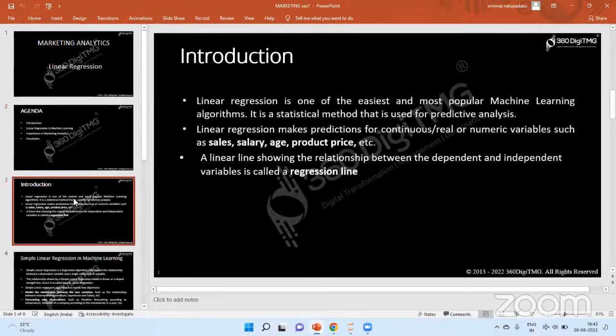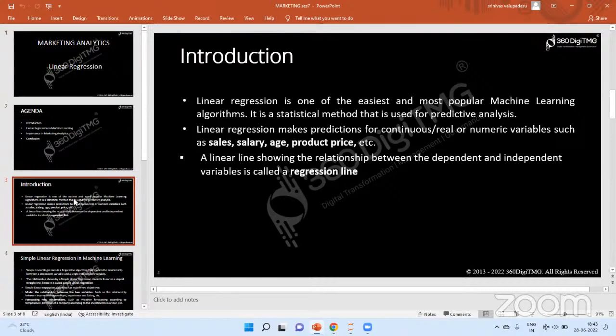Now coming to the introduction part. This is the easiest and a popular machine learning algorithm. It is a statistical method to predict and forecast in future. Examples are sales, salary, age, product price.